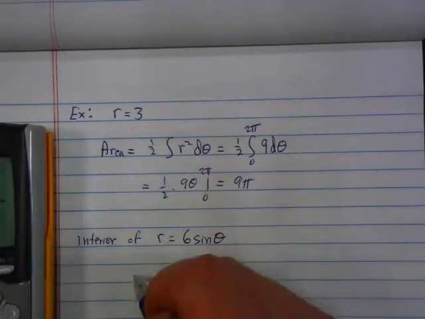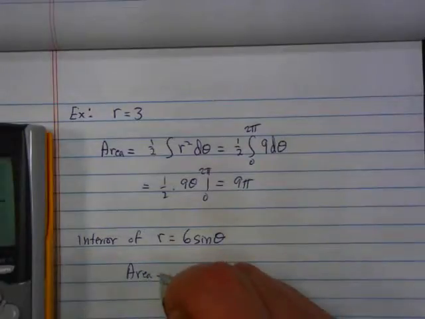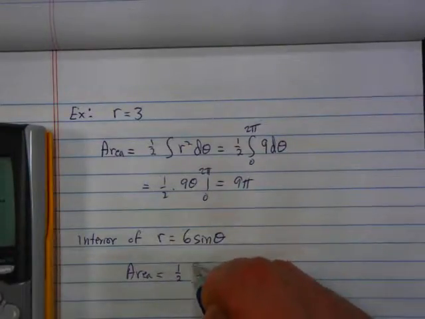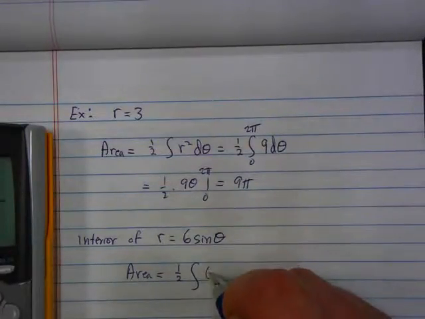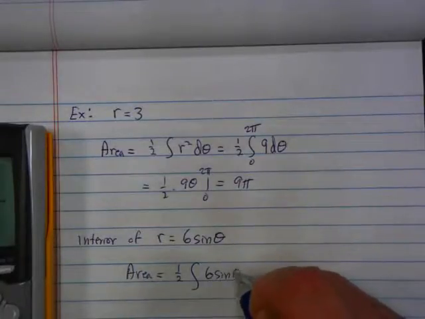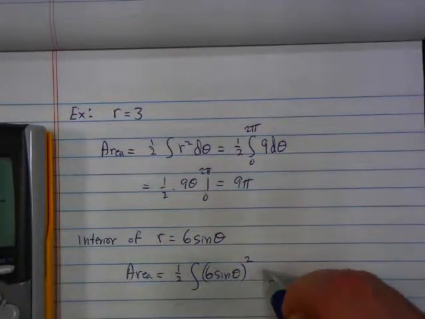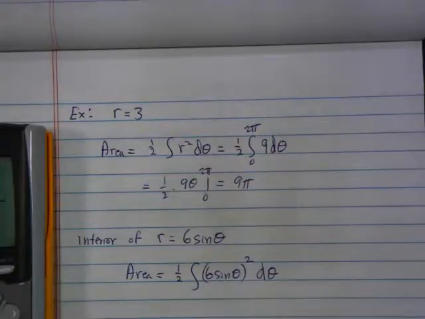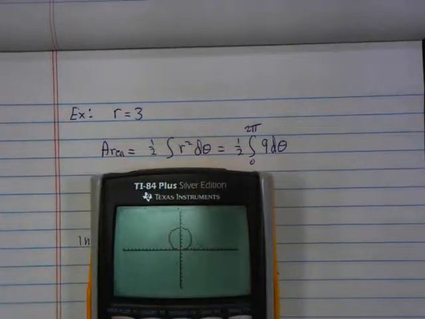We're going to have area is 1/2 the integral of the radius, that's 6 sine theta squared d theta. What do we use for theta values this time?